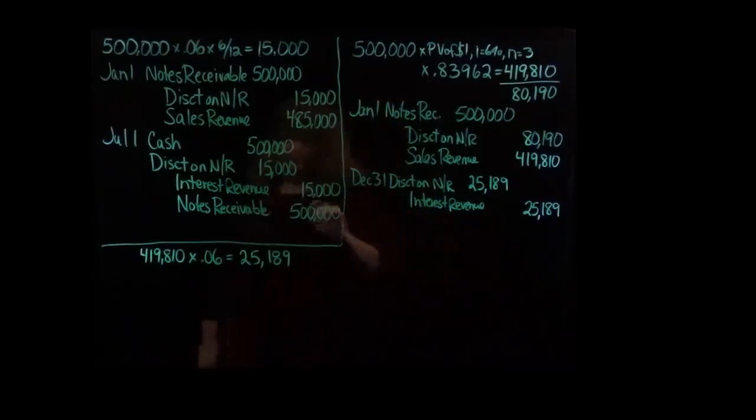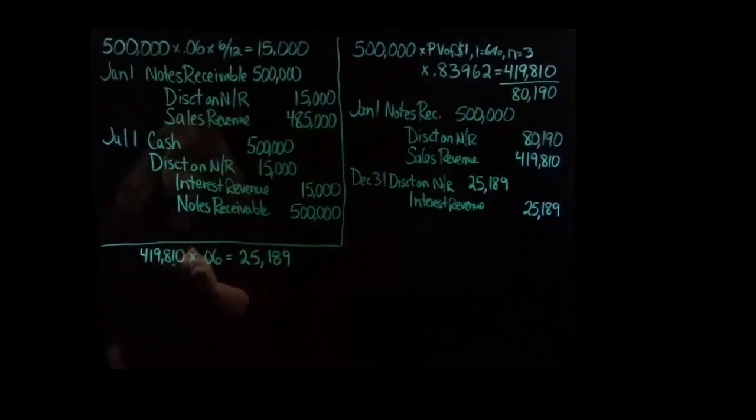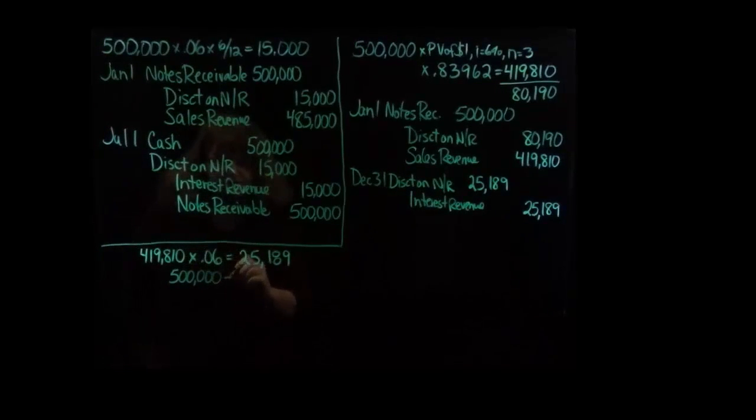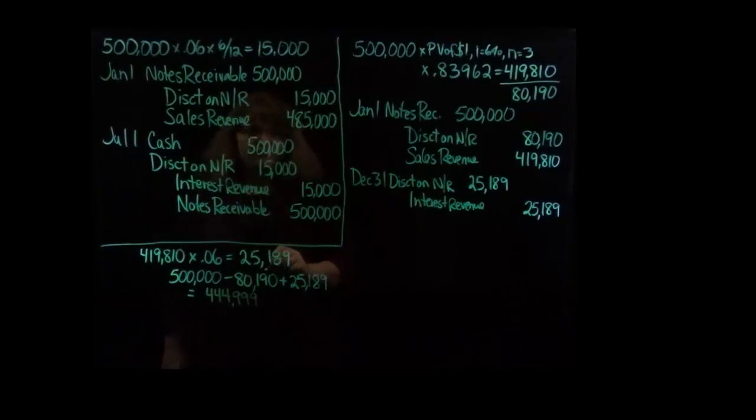And so now the book value of this note is the $500,000 minus the $80,190 plus the $25,189. This gives us $444,999 as the book value of the note at the end of 1 year.